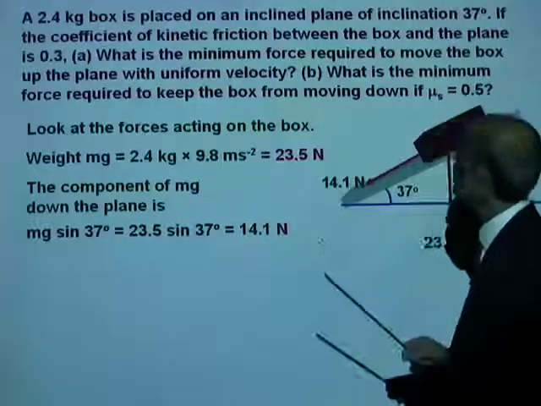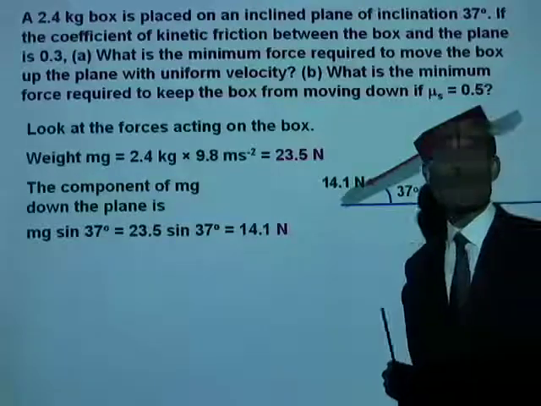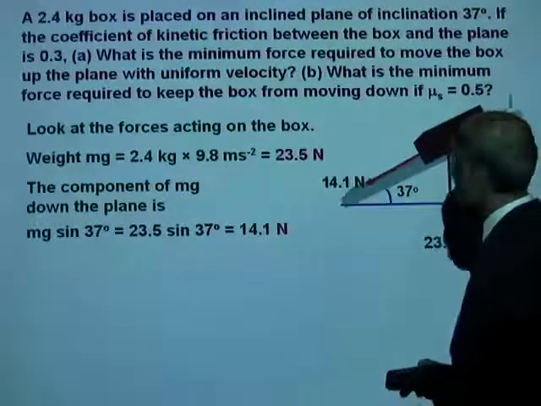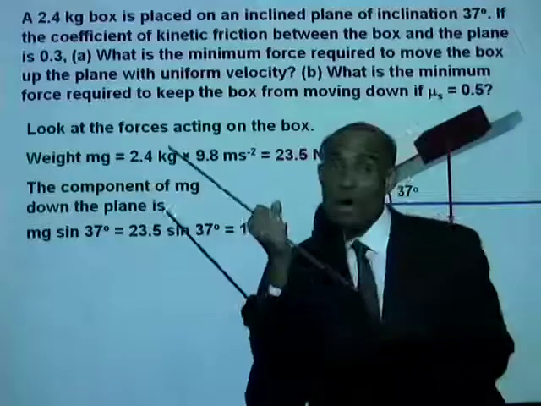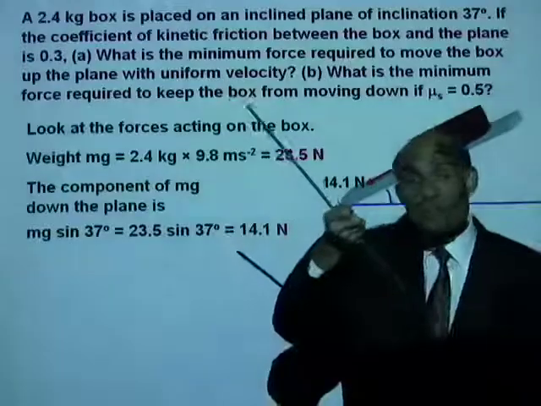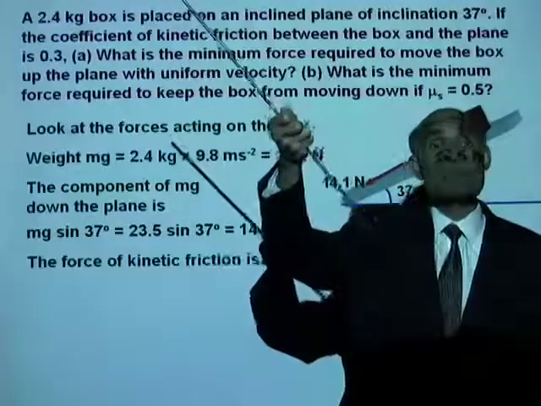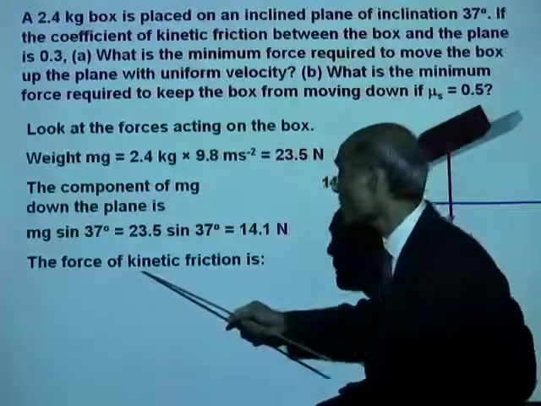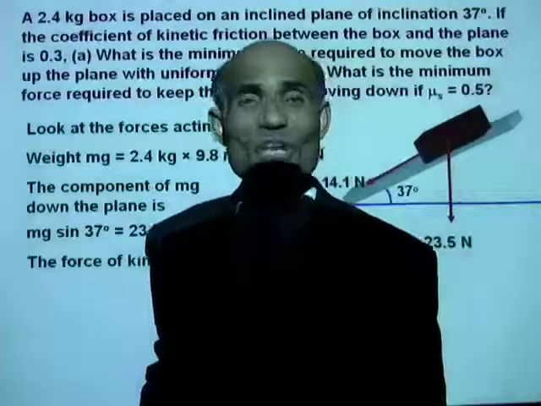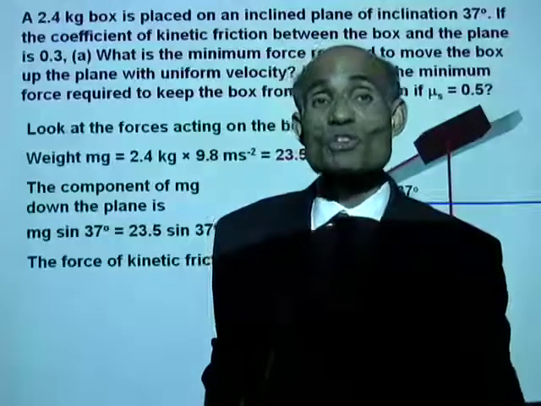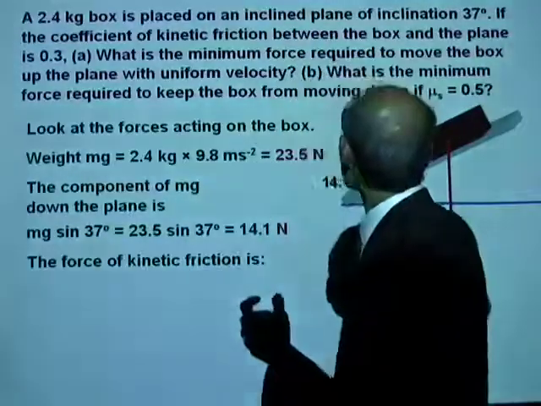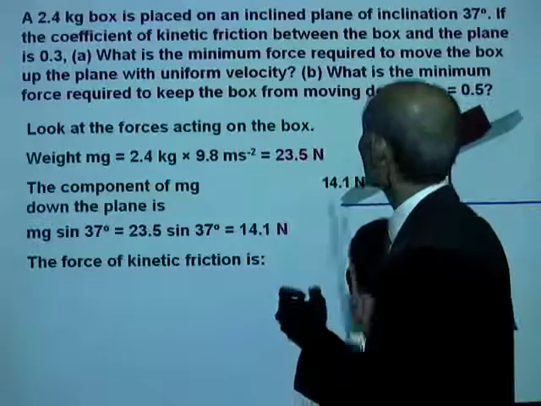That is the force pulling the box down the plane. Well, what is the force acting up the plane? If the box is going to slide down, then the friction is going to act up the plane. The force of kinetic friction is, do you remember? What is the equation for force of kinetic friction? Where the box is sliding down, is that right?